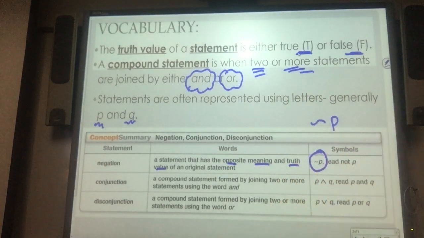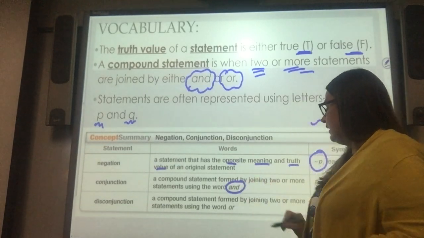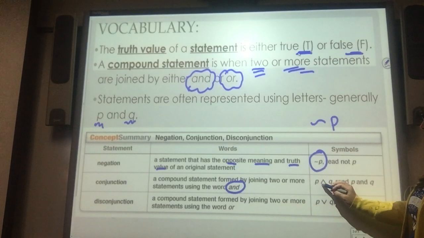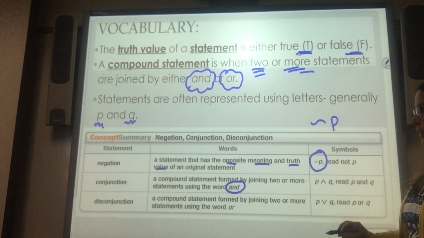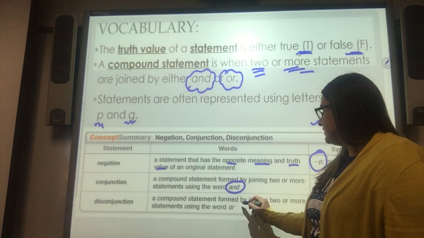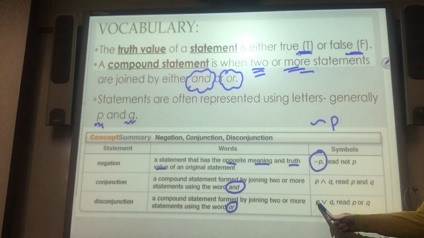A conjunction takes 2 or more statements using the word and. This is the symbol, read P and Q. And a disjunction uses the word or. So this is read P or Q.